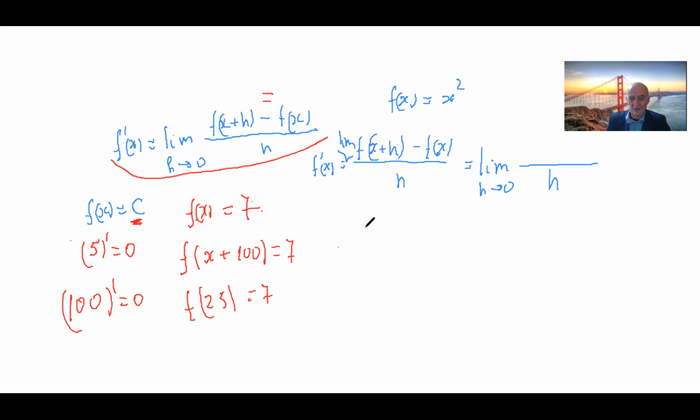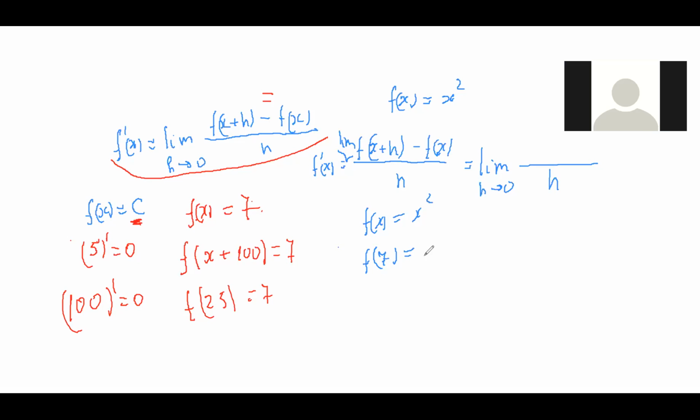So f(x plus h), look now here, Mari, f(x) equals x squared. If I ask, what is f of 7? 49. Very good. Why? Because x we replaced by 7.